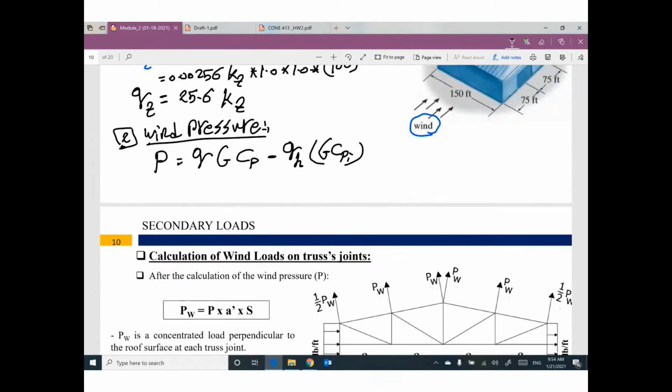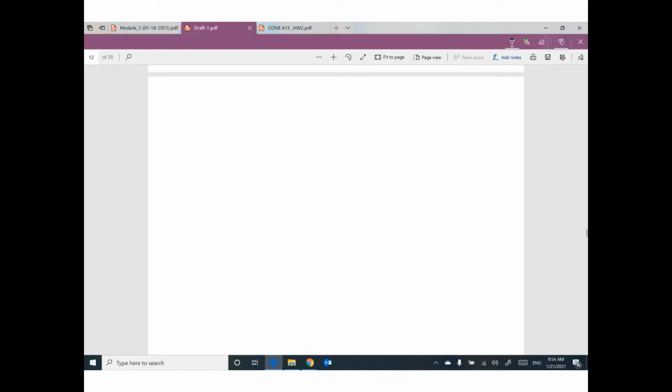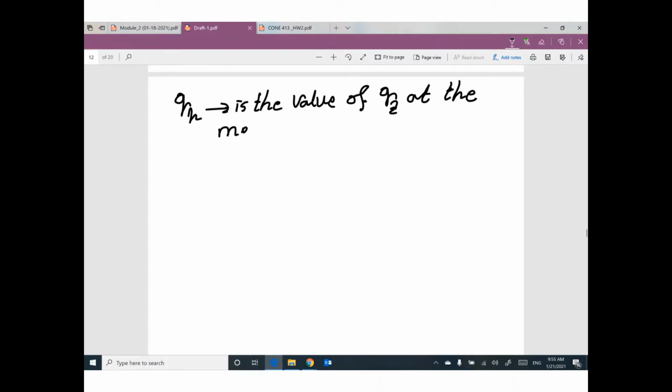One by one, step by step. qh is the value of qz at the mean height of the building.